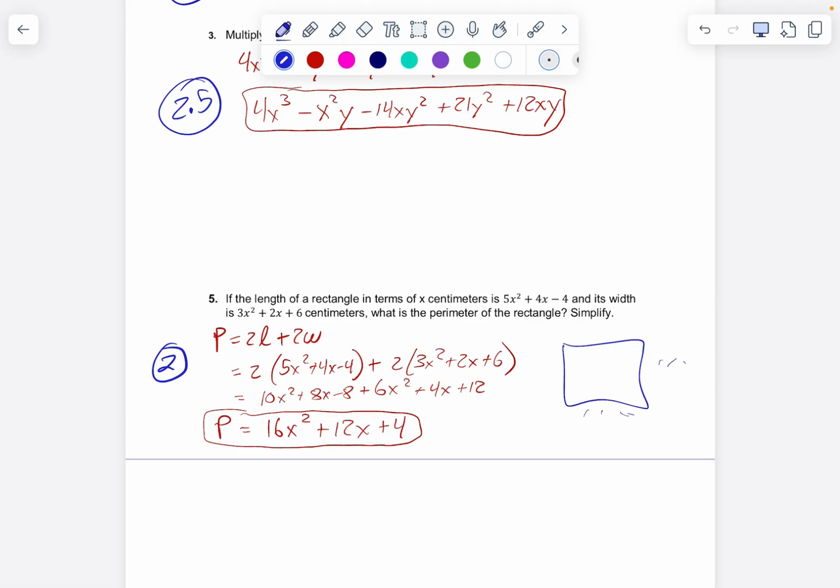The picture is not part of the math. It's part of the thinking, but not part of the math. So 1 point is for them writing P equals to 1. 1 point for the work, 1 point for their solution.